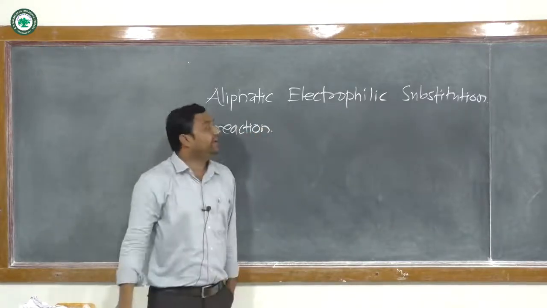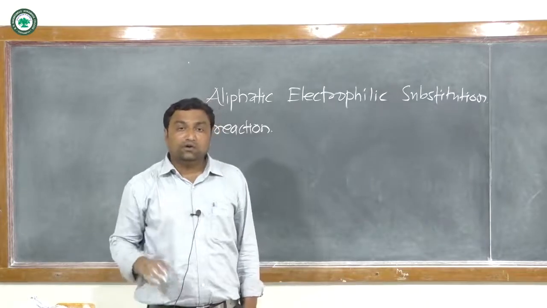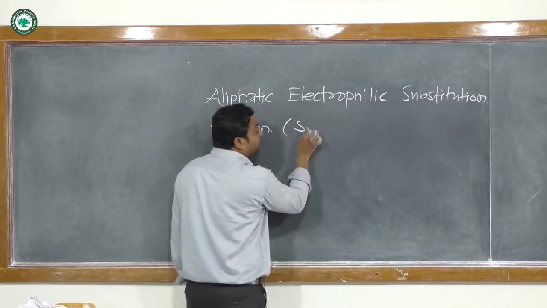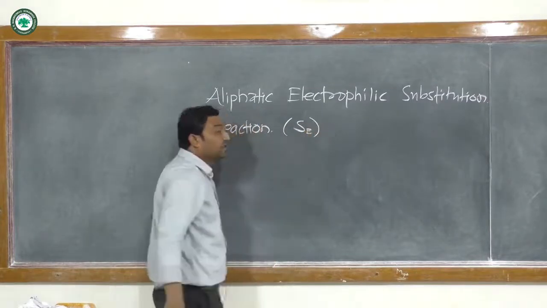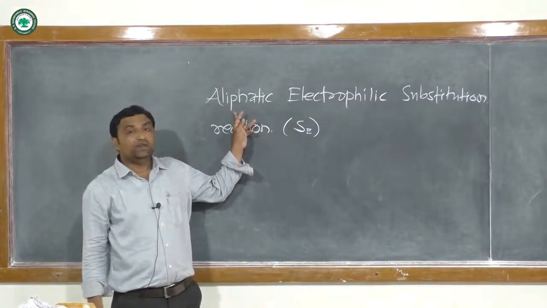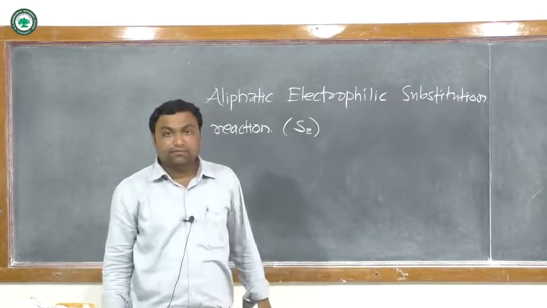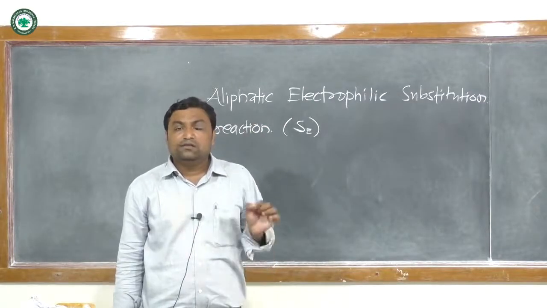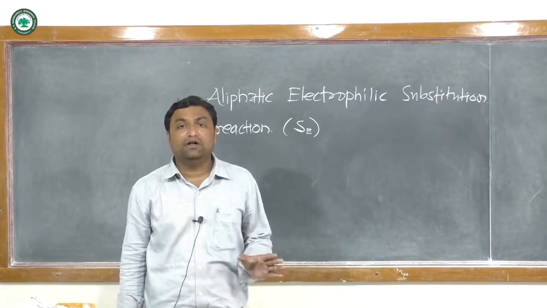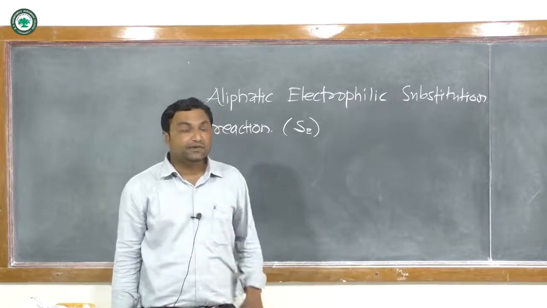This aliphatic electrophilic substitution reaction is denoted by capital S subscript E. Now, in this particular electrophilic substitution reaction, one of the atoms, sometimes a hydrogen atom, from a saturated carbon is replaced by the electrophilic part of the reagent.